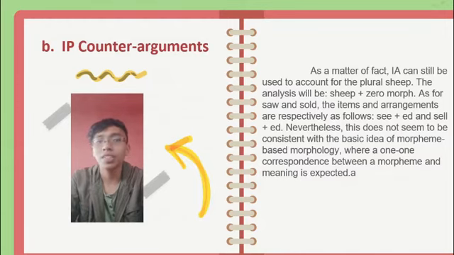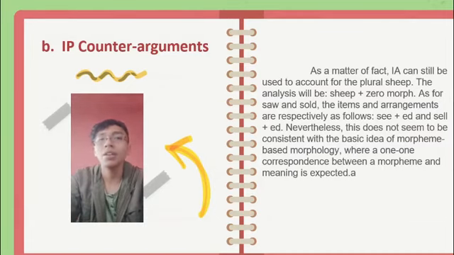In summary, we say that sold results from sell, which undergoes the process of becoming past participle. From this clarification, IP proves to be a better tool than IA in dealing with English morphology, particularly inflectional morphology.